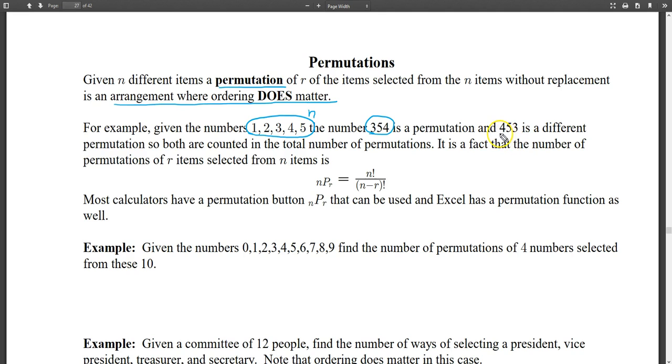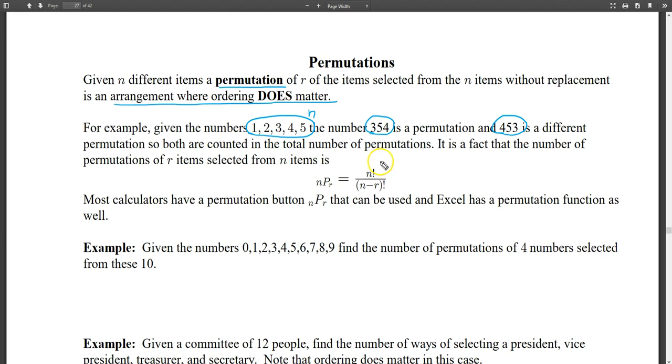Now we would consider 453 to be another, distinct permutation. This is a different permutation from this one, because we said ordering does matter. So we consider these two permutations to be different, and both of them are counted in the total number of permutations available to us.